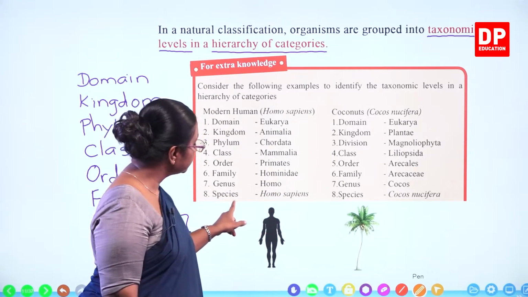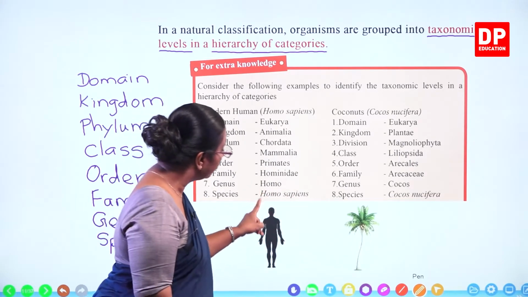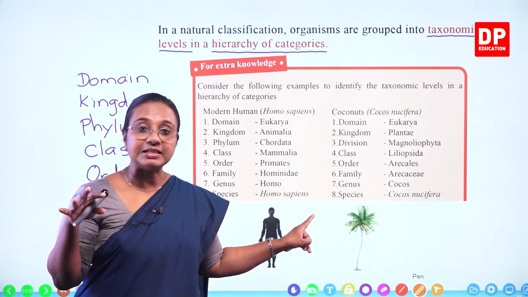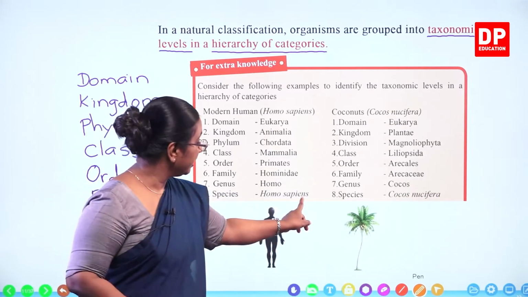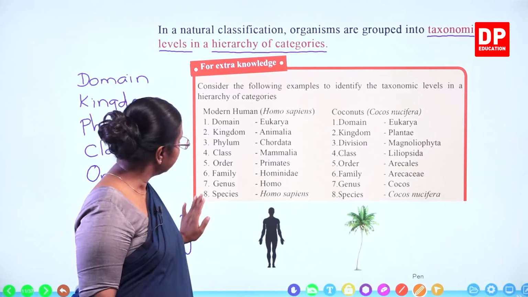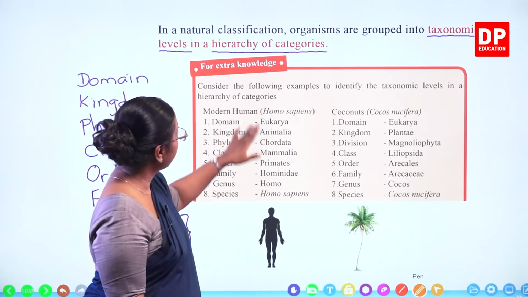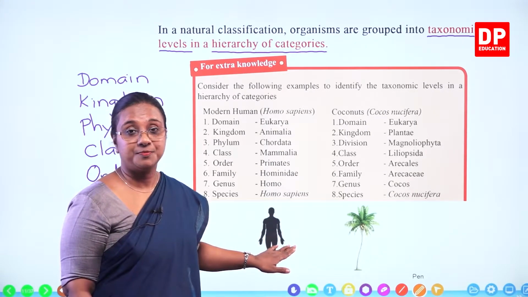When we write the species, we write both genus and species together, Homo sapiens. Homo, we have similar characteristics and we are man. Wise man is the meaning of sapiens in Latin. So modern man comes under the species Homo sapiens.